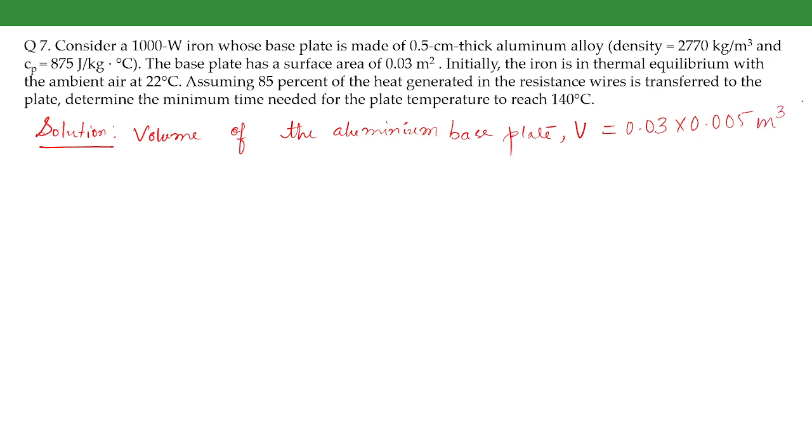So this volume of aluminum is basically our system now. It is basically 15 into 10 to the power minus 5 meter cube. Okay, so what is the mass of aluminum that is being heated?